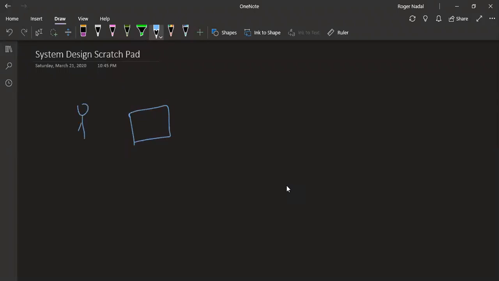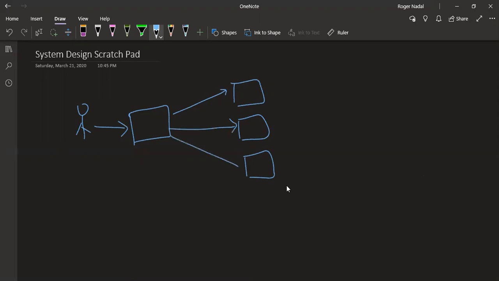Suppose there is a client that makes a request to one of my services, and suppose I interact with 3 of my other services. Maybe the client is sending an order. I may be looking at my inventory system, then the payment processing system, and finally, if this works, maybe an email server, which will confirm to the client that yes, your request went through and this was your order, we charged this much.